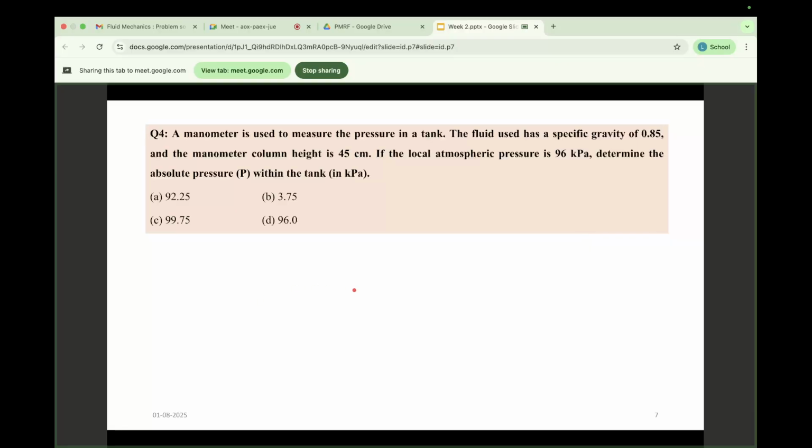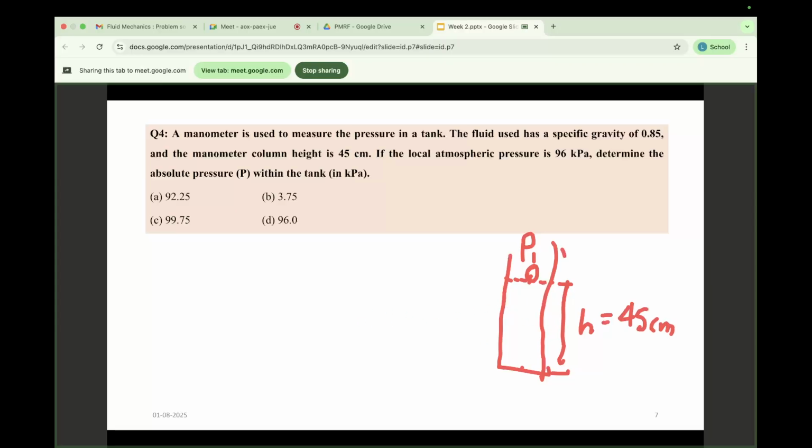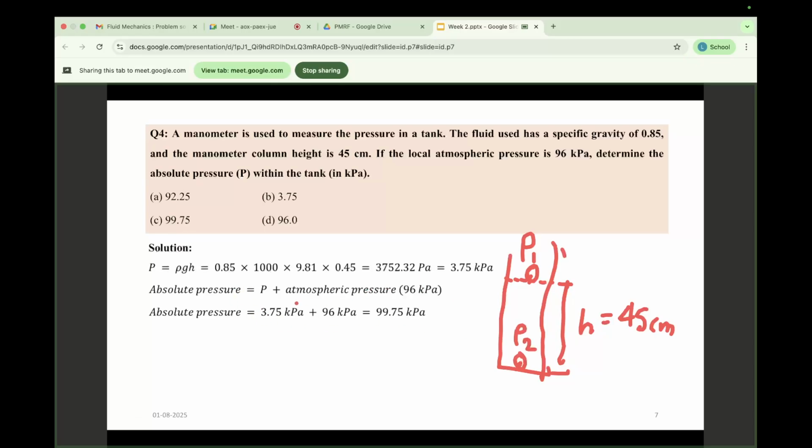So this one is a similar concept like the previous one. Consider this as the manometer with a certain liquid level. At this point, say this is P1, atmospheric pressure, and you are asked to find the pressure P2 at h equal to 45 centimeter.